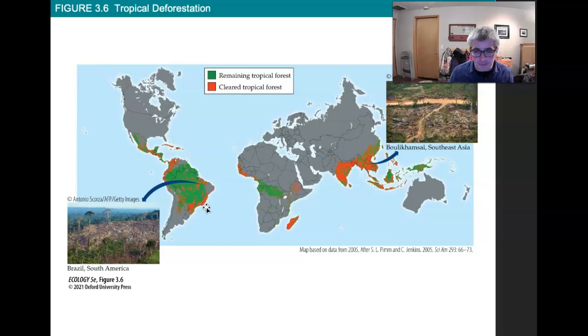What's the word I'm looking for? Livestock. So this is a giant impact on biodiversity, as there's a massive amount of biodiversity in these systems, as well as the ecological integrity of those systems being fundamental to maintaining the local weather and climate. So as we deforest these areas, we disrupt the hydrological cycle, and further cause increased drought and other issues. So it's happening at quite an alarming rate.